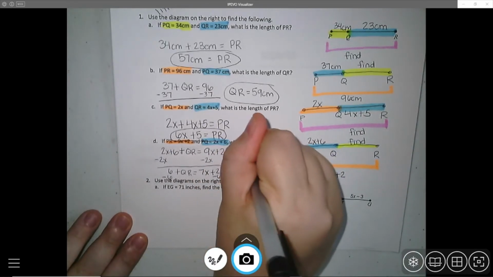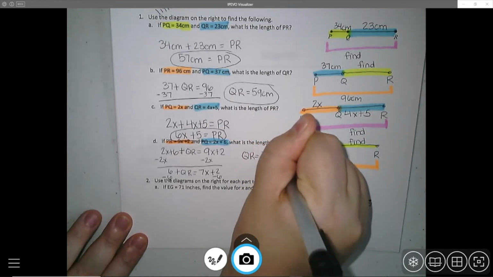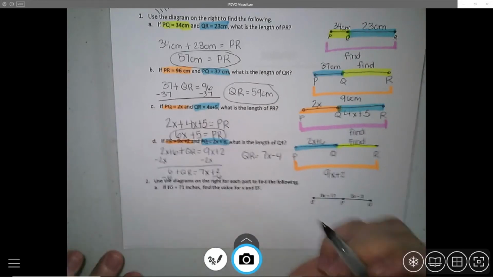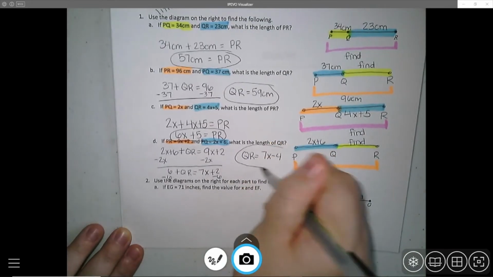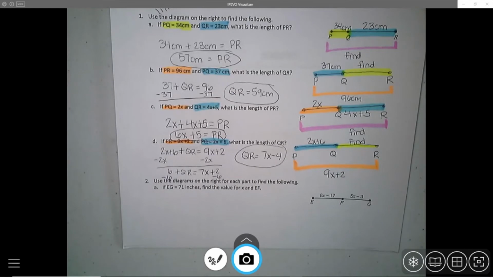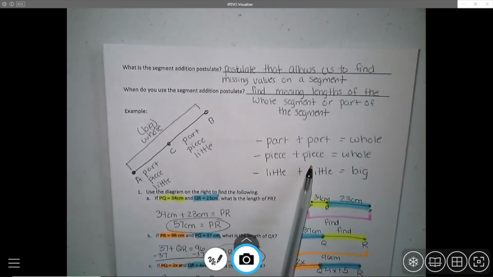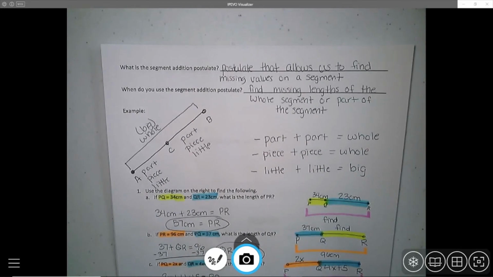I get QR equals 7x minus 4 because 2 minus 6 is a negative 4, so it'd be a minus 4. There is my QR. All that I'm doing on every one of these problems is substituting back into either one of these. Okay, they all mean the same thing.